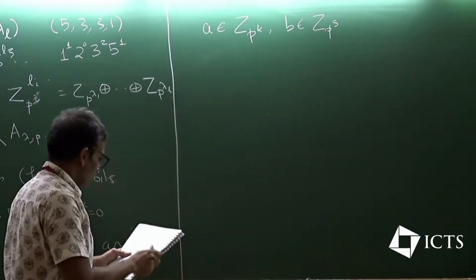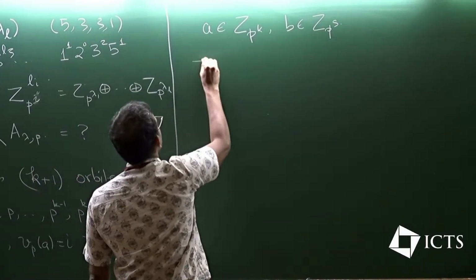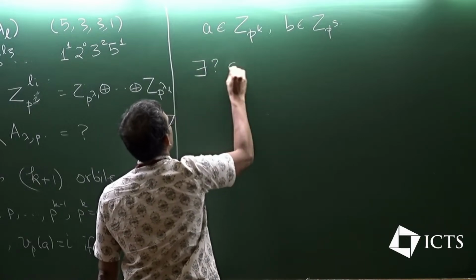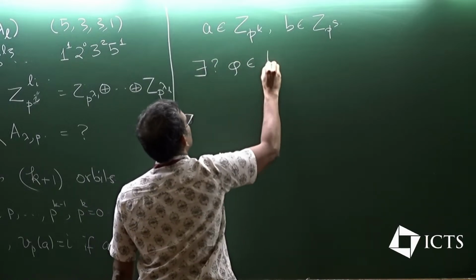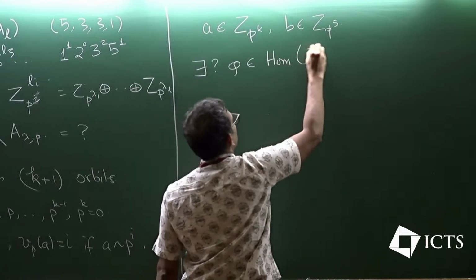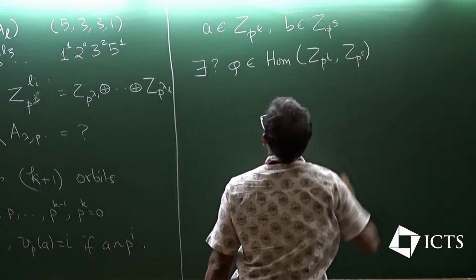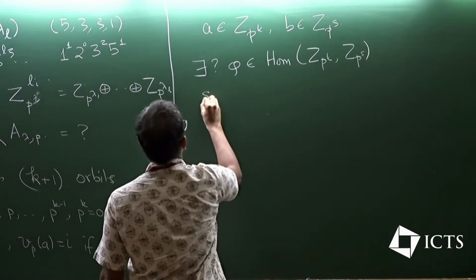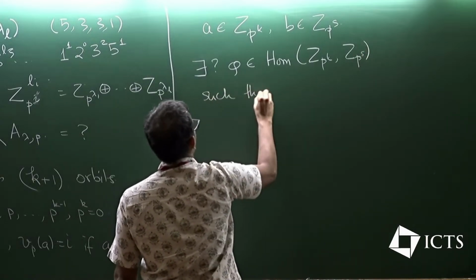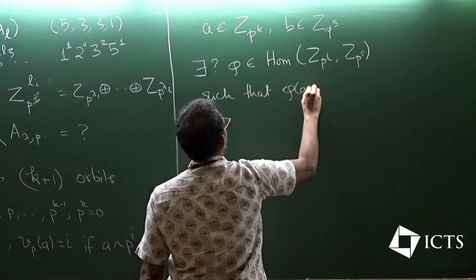I'll ask a simple question: does there exist a homomorphism phi from Z mod p to the k to Z mod p to the s such that phi of a is equal to b?